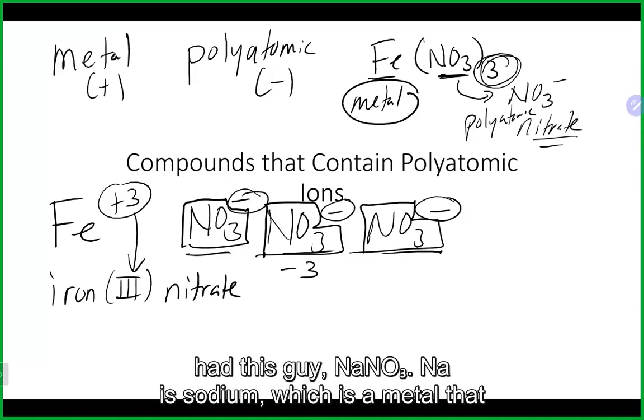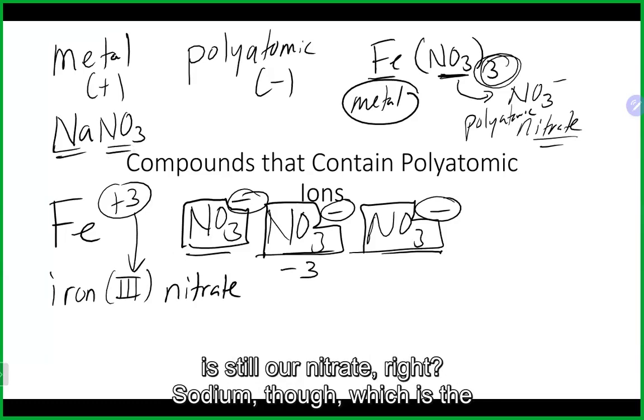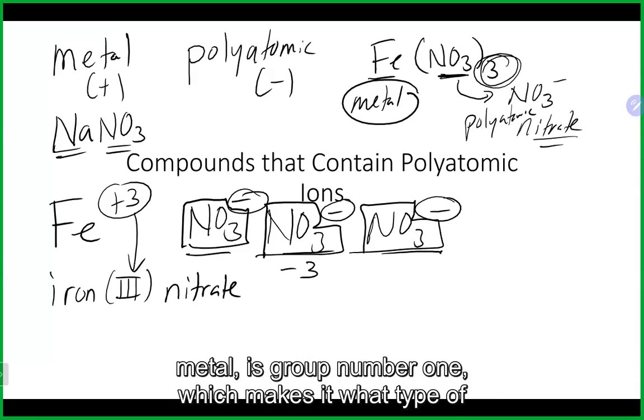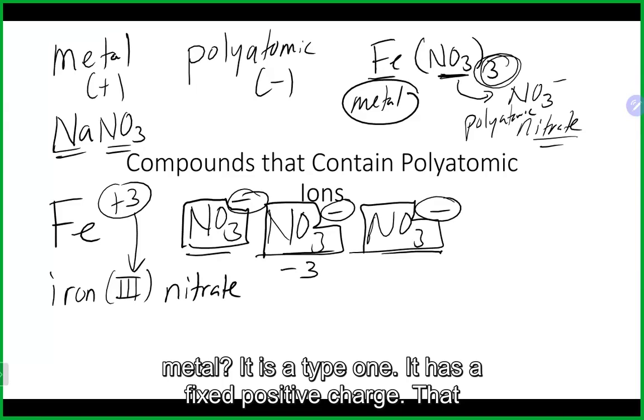Now, if I had this guy, NaNO3, Na is sodium, which is a metal. That is still our nitrate, right? Sodium, though, which is the metal, is group number 1, which makes it what type of metal? It is a type 1. It has a fixed positive charge.